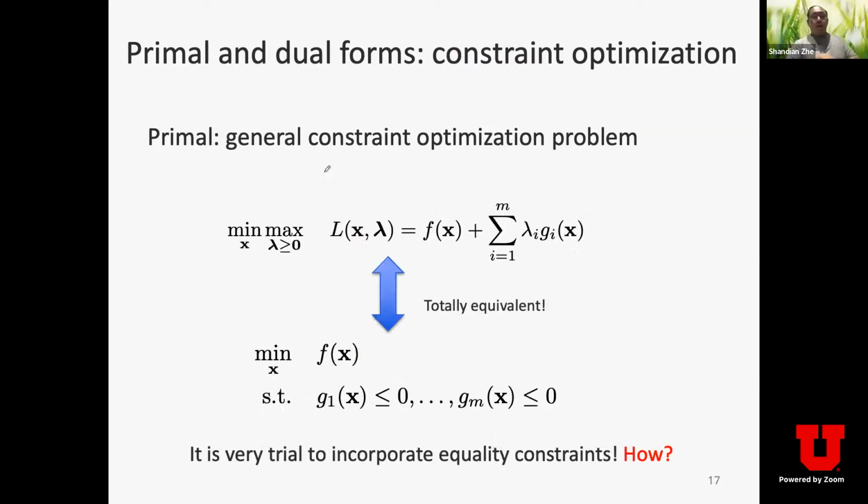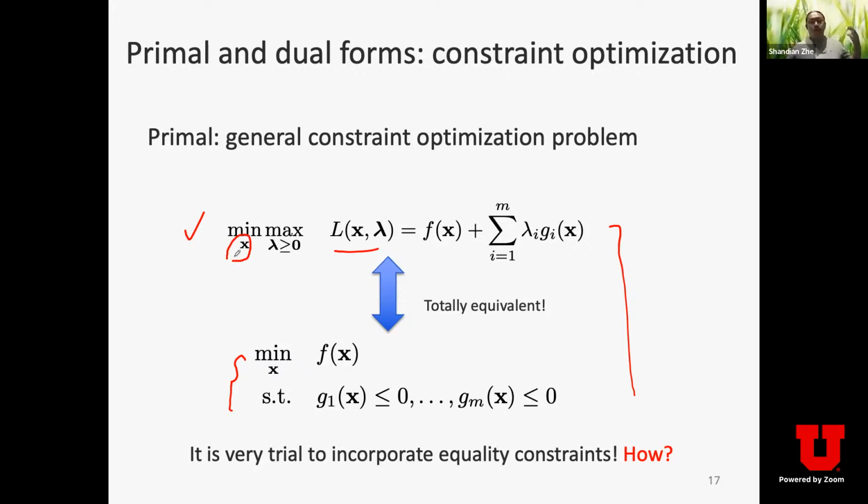Okay, so now we have shown that any constraint optimization problem can be written as an equivalent minimax optimization problem over the Lagrange function. The benefit of this Lagrange optimization problem is that I get rid of all the constraints over x.